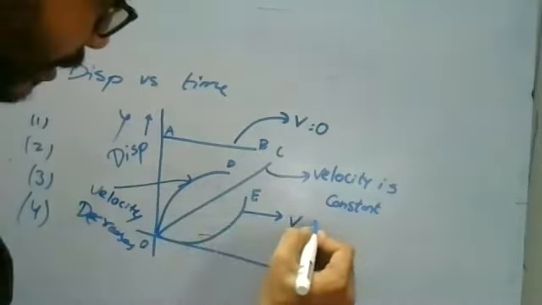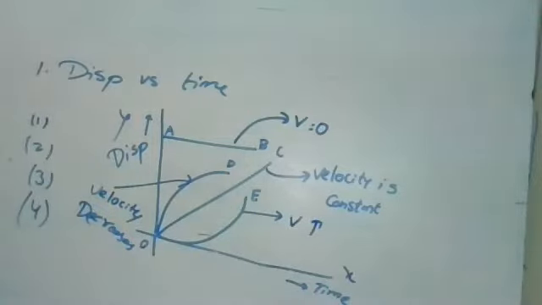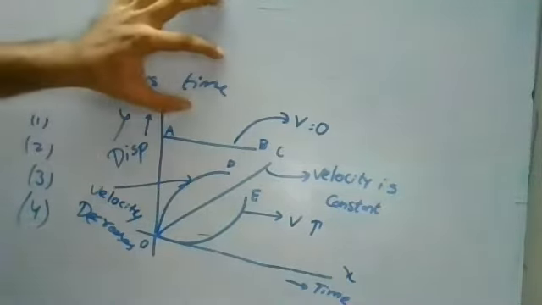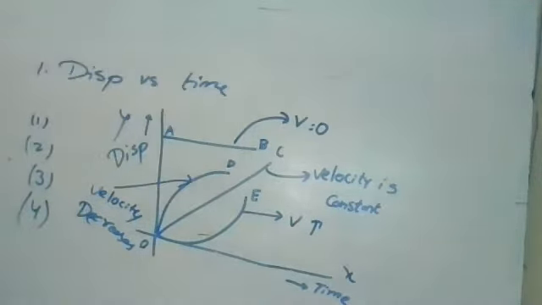Velocity increases. In brackets, motion is accelerating. So remember, when we are discussing the displacement time graph, we will discuss the velocity relation. Acceleration we'll discuss from there.